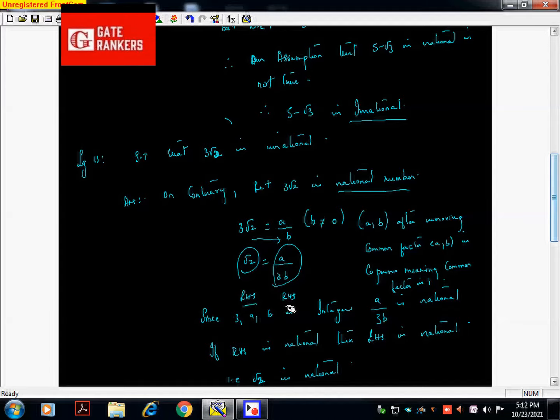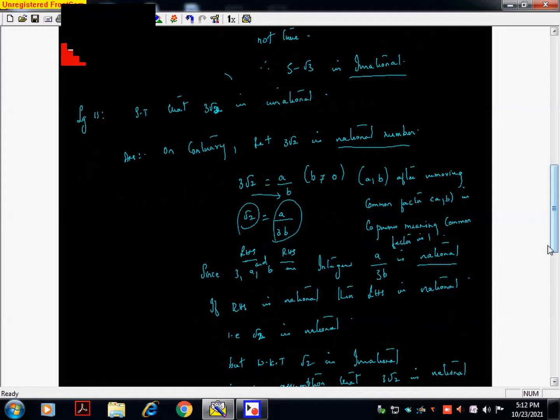This is LHS, this is RHS. For the sake of simplicity I have written, since a and b are integers, a by 3b is rational. If RHS is rational, then LHS must be rational.